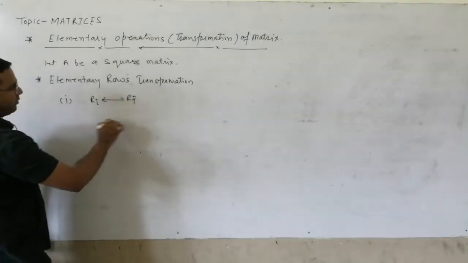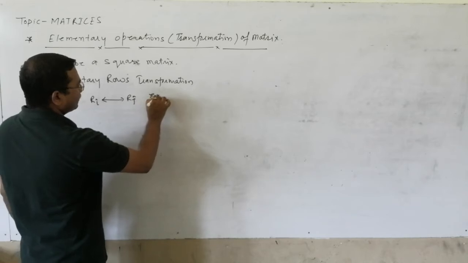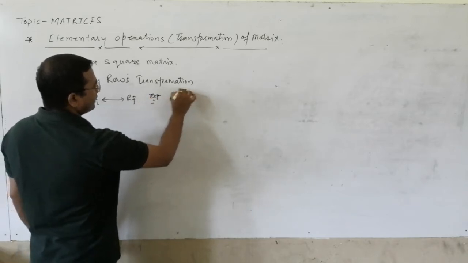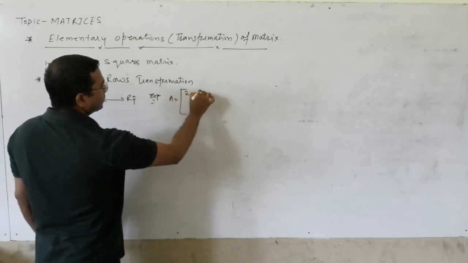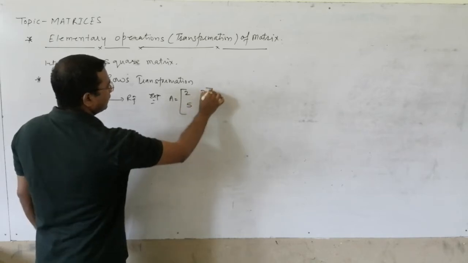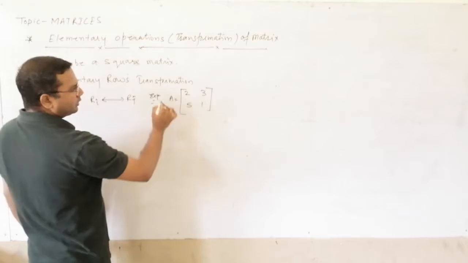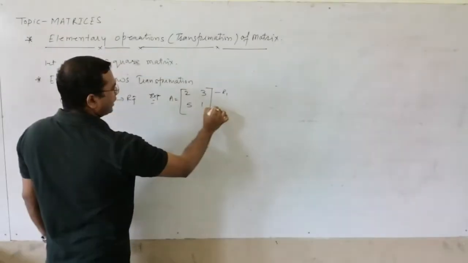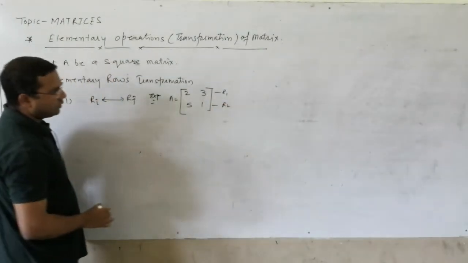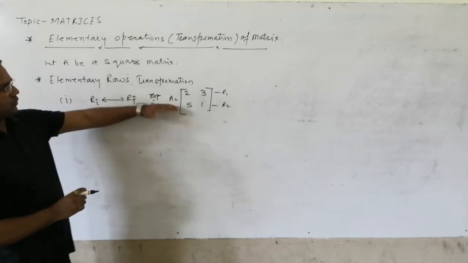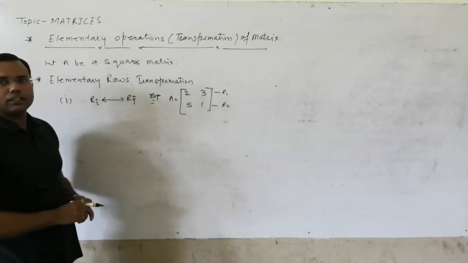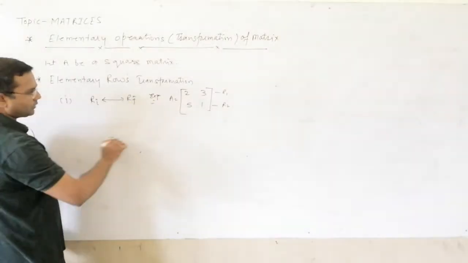With the help of an example, we can understand. Suppose there is one matrix A, I am taking 2, 3, 5 and 1. This is R1 here and this is R2. Suppose I want to interchange R1 and R2. So I can apply this operation.